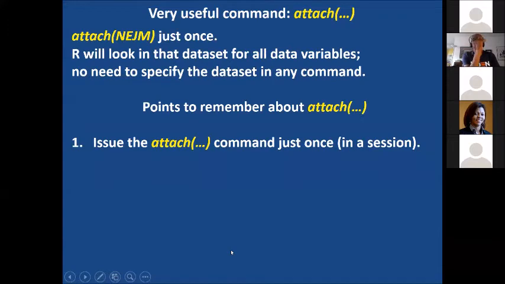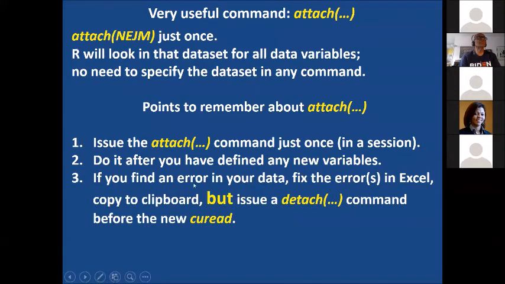So what R will do is that it'll look in that data set for all the variables. Points to remember about attach: issue the attach command just once in a session. Don't do it more than once. If you find an error in your data, fix the errors in Excel, copy to clipboard, but do a detach before you do the CU read and attach again.